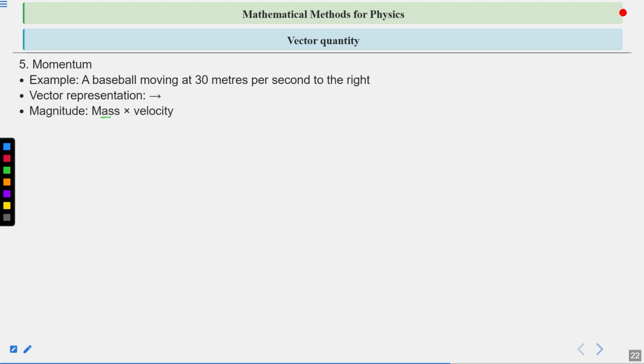Here magnitude is mass into velocity and direction is right. Velocity is 30 meters per second to the right. Suppose the mass of the ball is 1 kg and velocity is 30 meters per second. So this is momentum. Clear?